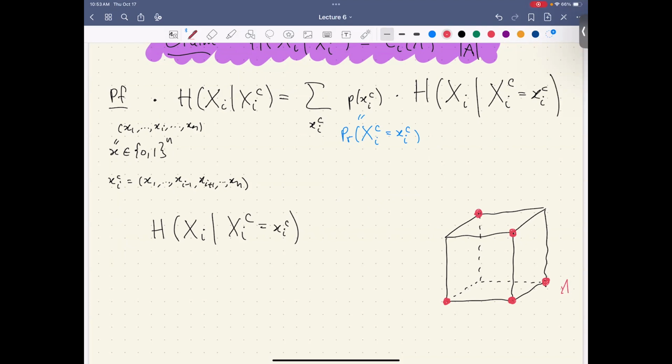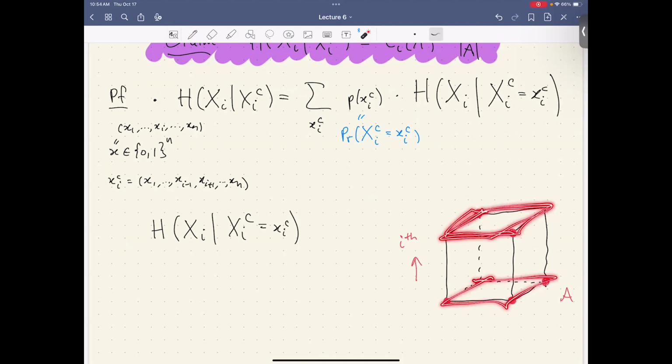So this is our A. And let's say this direction is the i's direction, the vertical direction. Now, each one of these horizontal planes, these hyperplanes, codimension one cubes, is the range for all possible choices of these other coordinates, right?